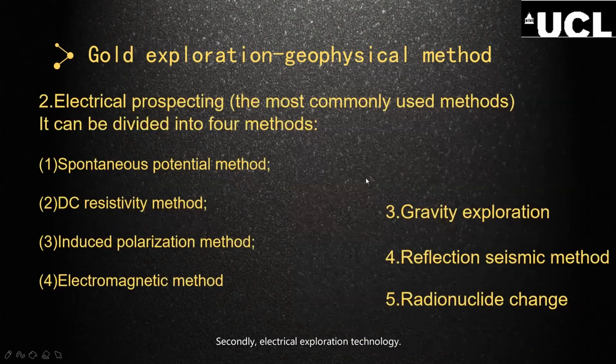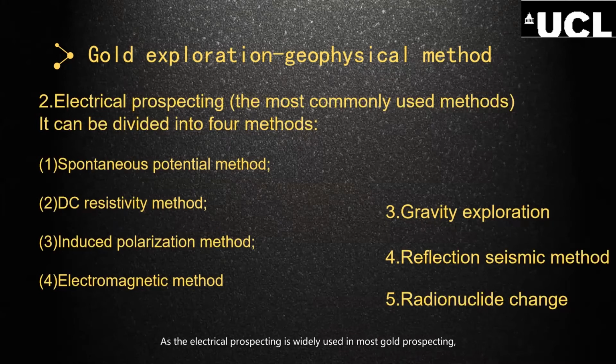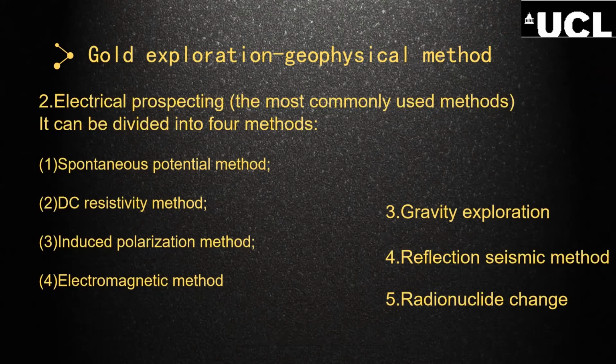And secondly, electrical exploration technology. As electrical prospecting is widely used in gold exploration, it can be divided into 4 methods. Spontaneous potential method. In some areas, it's very effective to detect low temperature hydrothermal gold deposits with high surface content. And DC resistivity method.